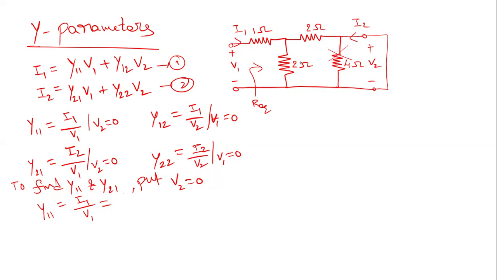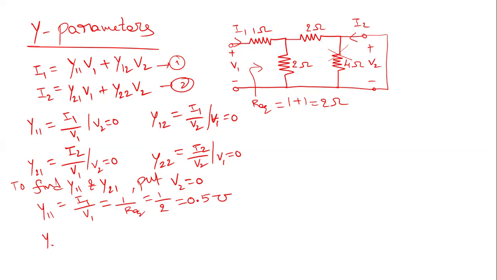So 2 ohms and 2 ohms are in parallel, and this parallel combination, which is 1 ohm, is in series with the 1 ohm resistor. So R equivalent is 1 plus 1, which is 2 ohms. I1 by V1 is 1 by R equivalent, which is 1 by 2, so this can be written as 0.5 mho. Units are mho for admittance parameters.